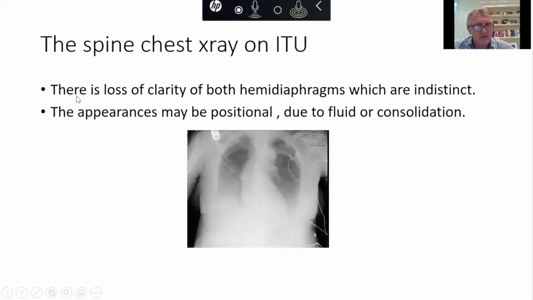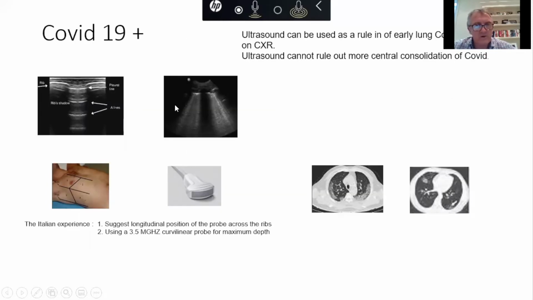If you have subpleural consolidation, which is typical of COVID, as you know, COVID is a respiratory virus, a coronavirus, and it generally affects the periphery of the lungs. It's generally bilateral. Because it's peripheral, up against the chest wall, it's possible to visualize with ultrasound. You get these lines, which are the B lines.